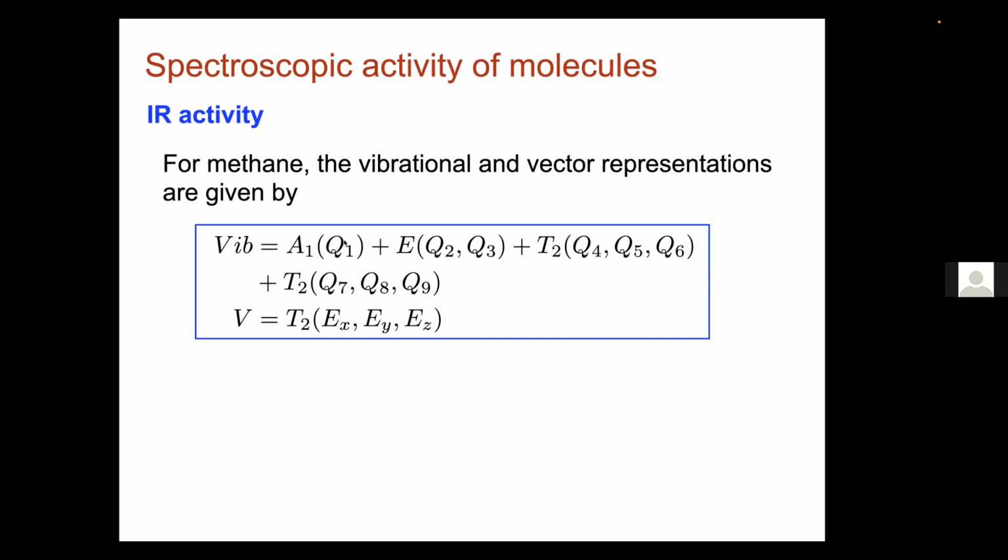When I use symmetry adapted coordinates, I get the block diagonal structure for the potential matrix. Remember, the potential matrix has a block diagonal form, which is given by Wigner's theorem. But to exhibit that form, I need to use special coordinates, which are called symmetry adapted coordinates, in the same way that for the vector representation, I have to use x, y, and z if I want to have the block structure.